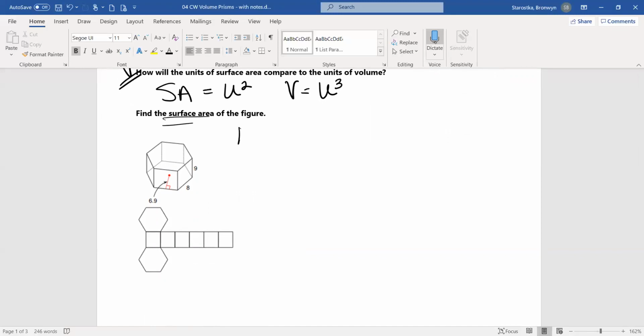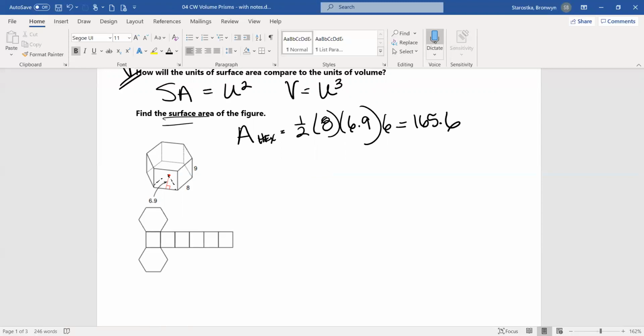So we can find the area of the hexagon: 1/2 the base of our equilateral triangle is 8, our apothem 6.9, the number of triangles 6. And the area of one hexagon is 165.6.